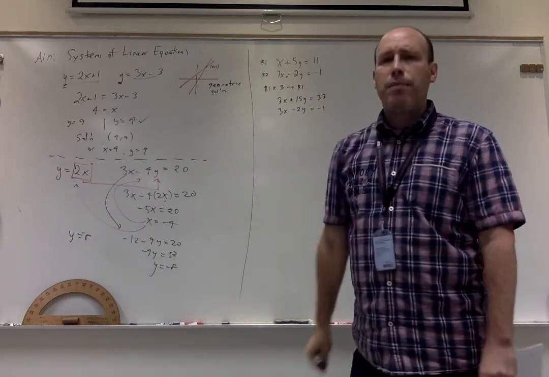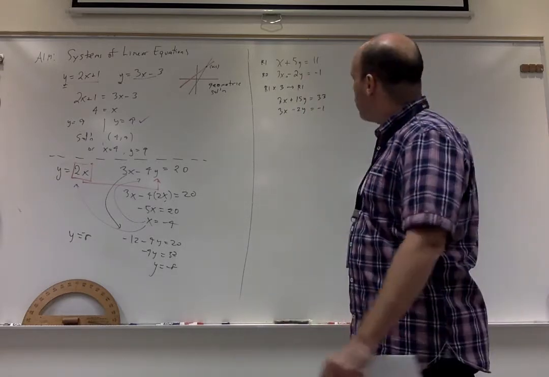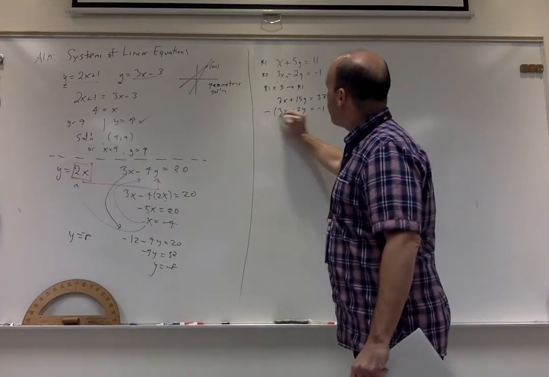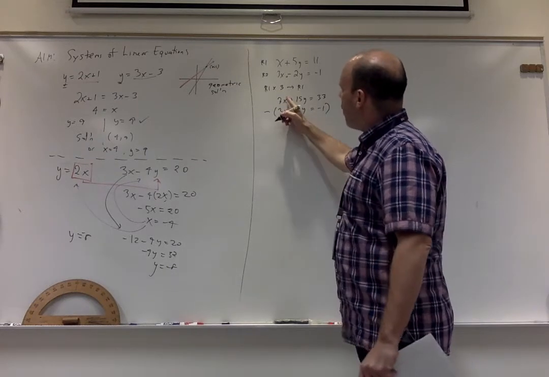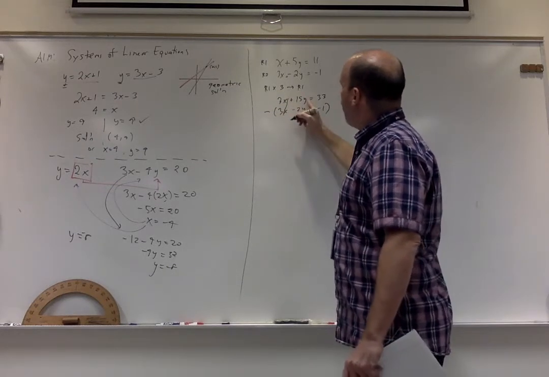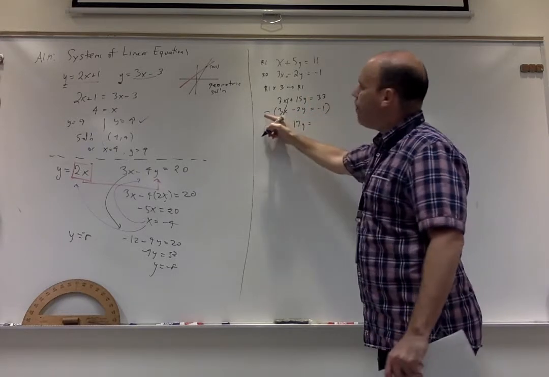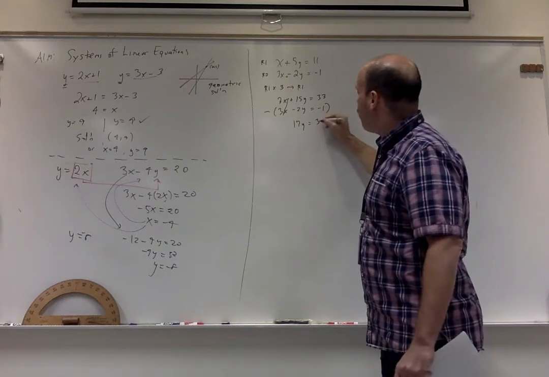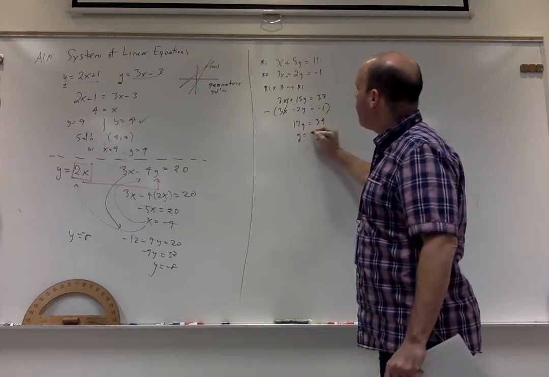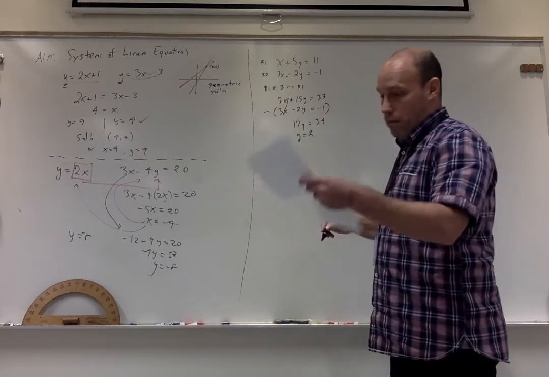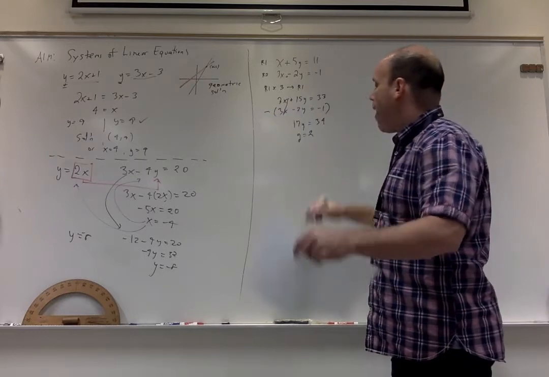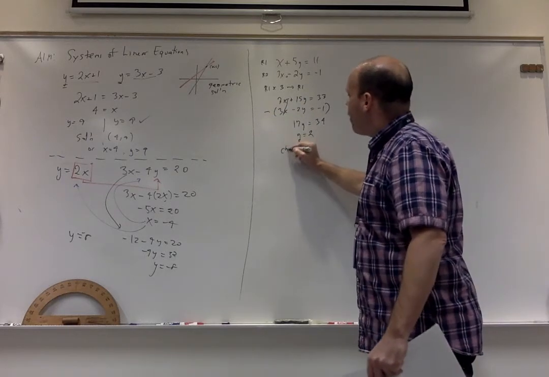What's the next manipulation? Well, we're going to subtract. So 3x minus 3x is 0, 15 minus 2 is 17y, and 33 minus negative 1 is 34, so y equals 2. And then what was the next thing? Check in the original.